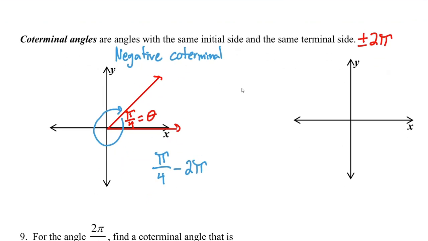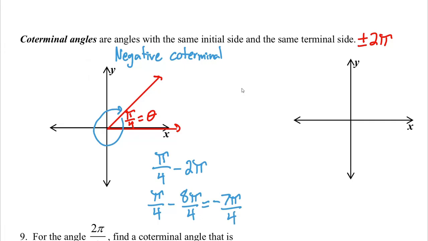We can solve this by getting common denominators. How could I rewrite 2 pi with a denominator of 4? What would that be? 8 pi over 4. And so our negative coterminal angle would be negative 7 pi over 4.